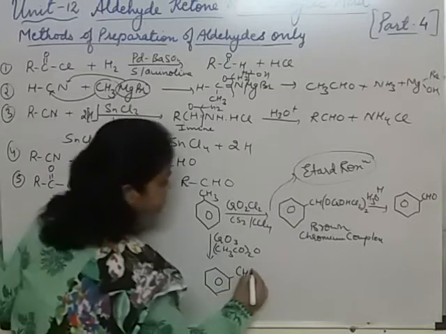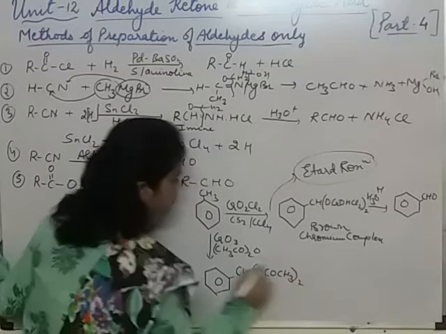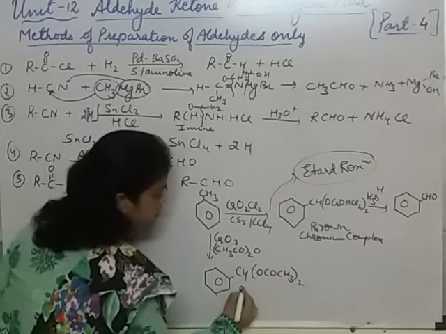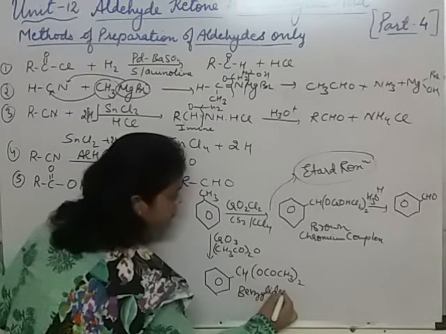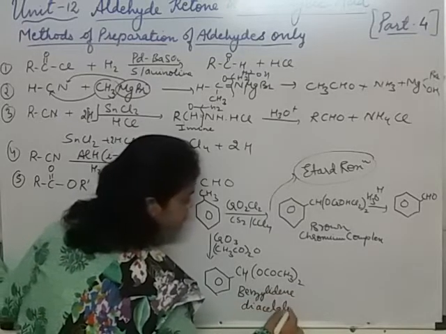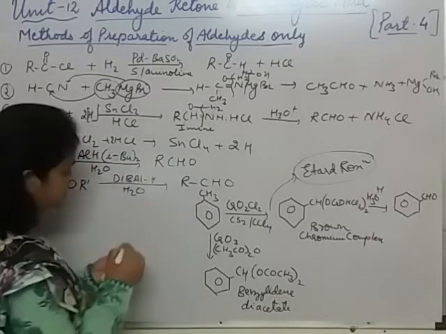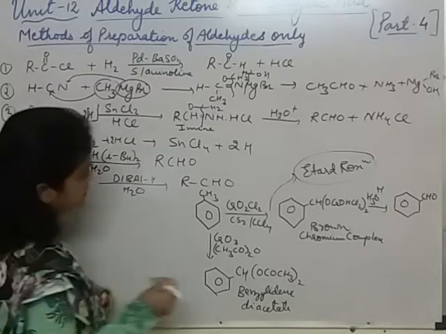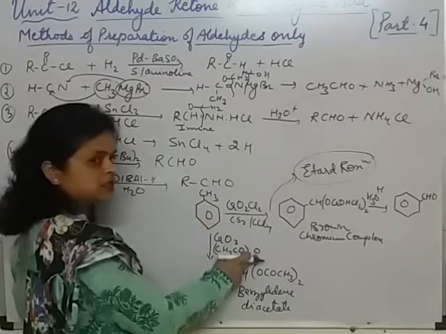CH, O, CO, CH3 whole twice. Okay. The name, it is benzylidene diacetate. Okay, you can take it from here. How can we understand this complex? See, 3 H are there, 2 H will combine with this oxygen.